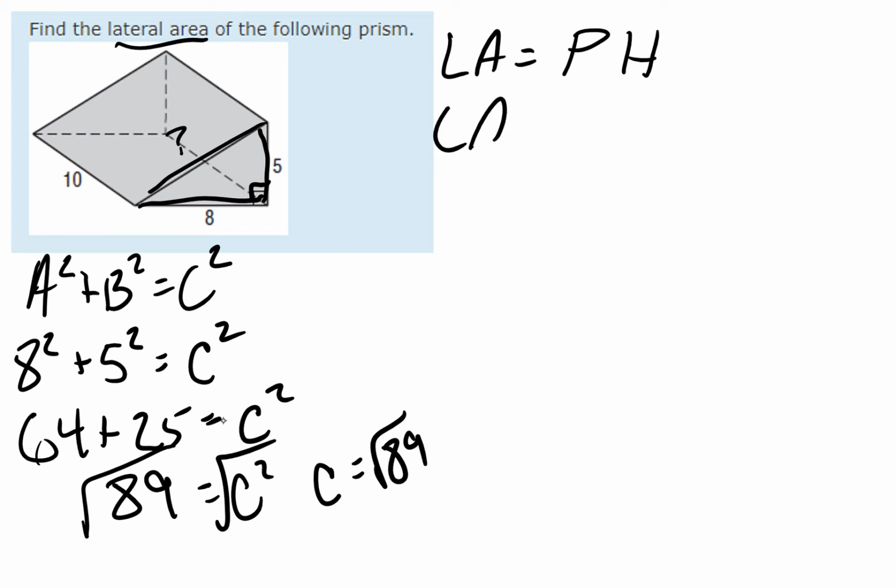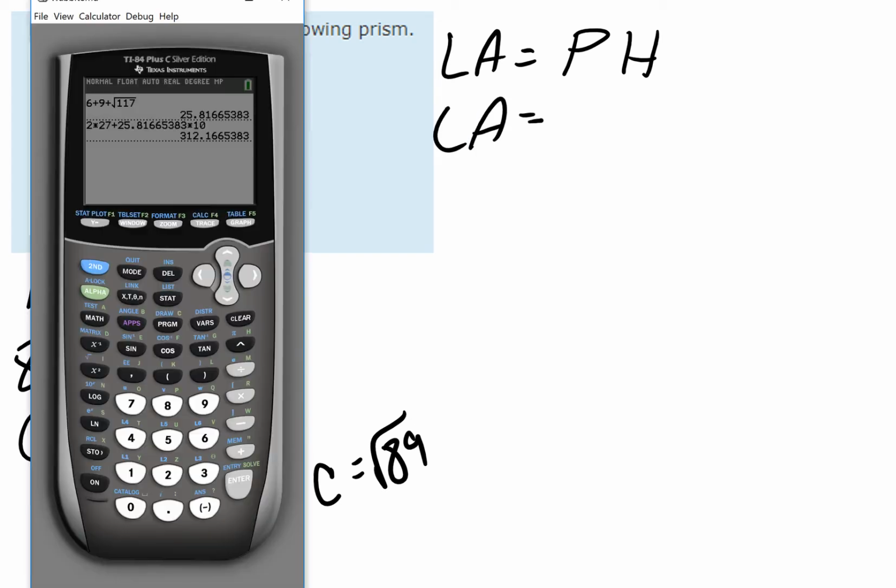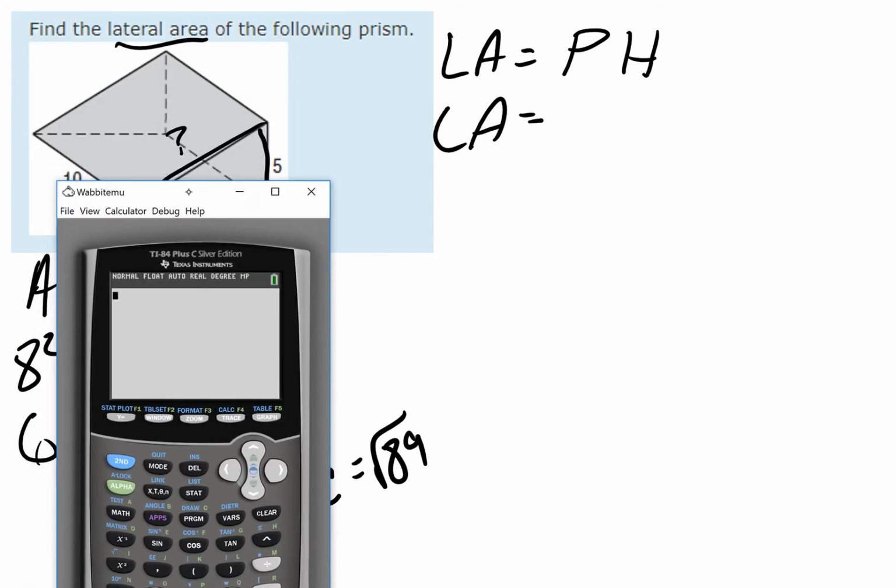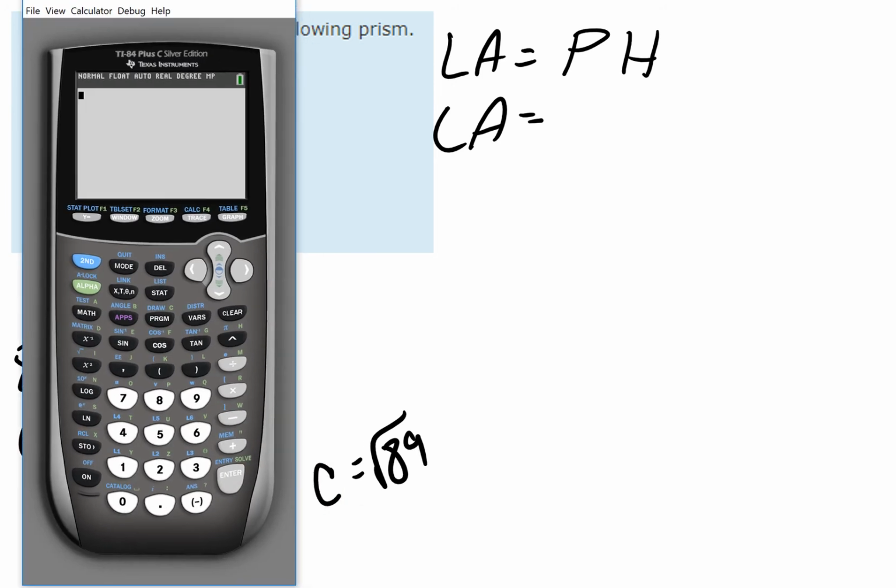Okay, now for our lateral area, we're going to calculate out the perimeter of our base. The perimeter of our base was 8 plus 5 plus the square root of 89. So that perimeter of the base is 22.43.